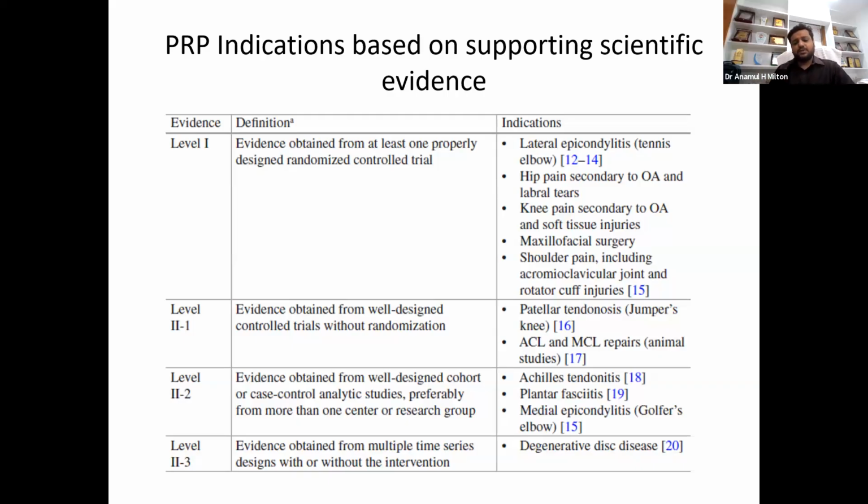Okay. So level 2 is the jumper's knee. Many times I see jumper's knee. So level 2 evidence includes ACL and ACL repair also. Also in level 2 there is Achilles tendinitis, which is a very important part.